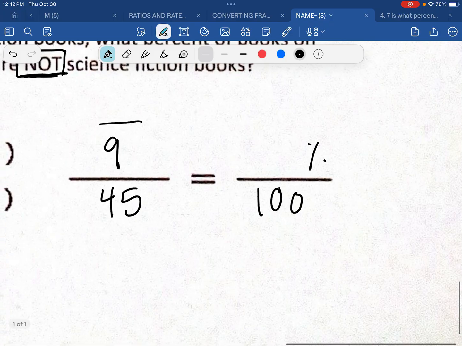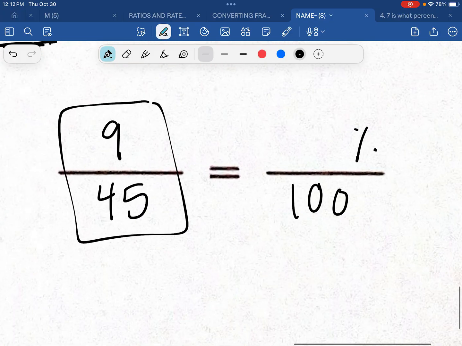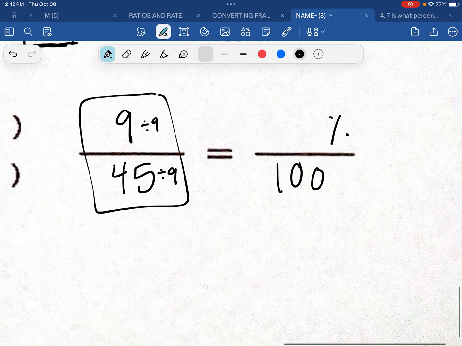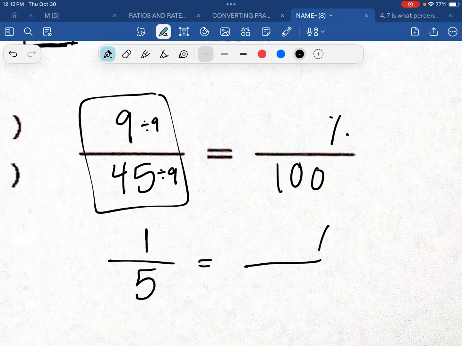So my original fraction is 9 over 45. I know that both of these are divisible by 9. So I'm going to simplify this fraction. 9 divided by 9 is 1. 45 divided by 9 is 5. Now I can solve this problem.